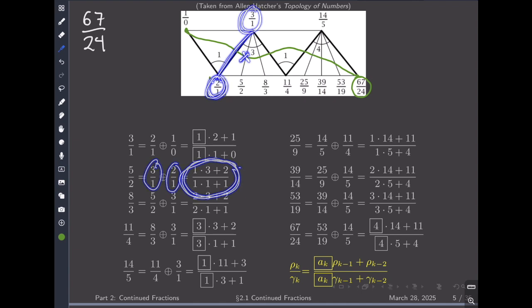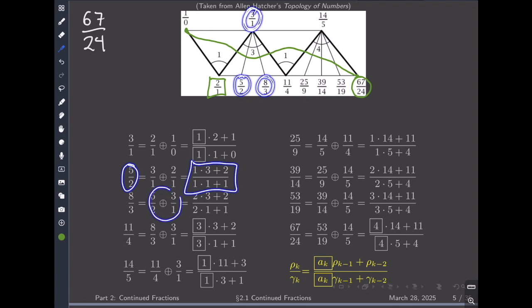Okay, now it starts becoming more interesting when I go to the next one, because here I have to take the previous one, 5 halves, which is this. Naive addition with again 3 divided by 1. So this one has to be this one plus 3 divided by 1, and then I notice that it is not a coincidence that there's this 3 1 and 3 1.